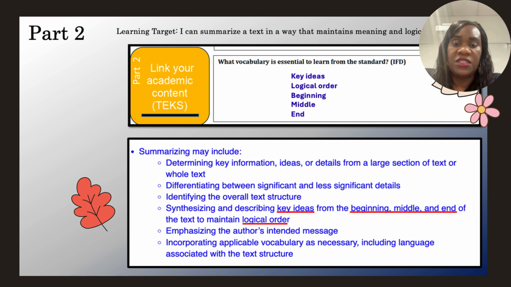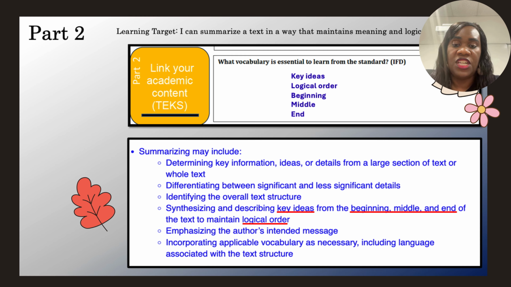So if you look at the specificity, which you will find in your TCMPC document, it says summarizing may include determining key information, ideas, or details from a large section of text or whole text. Okay, so key ideas, which is the first one.